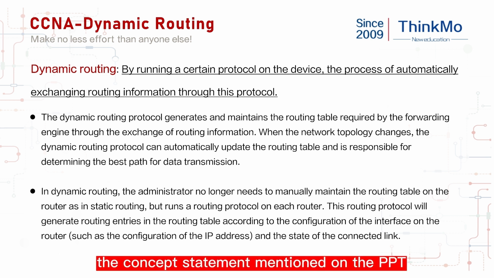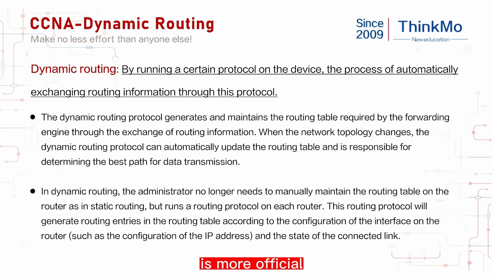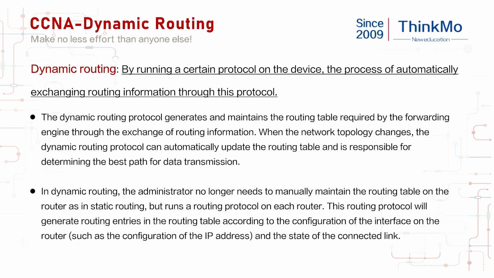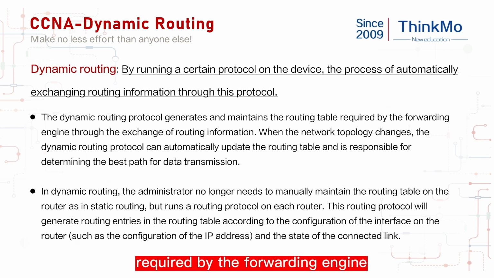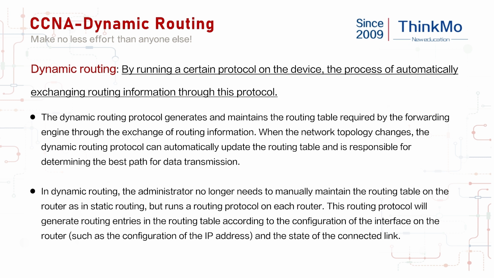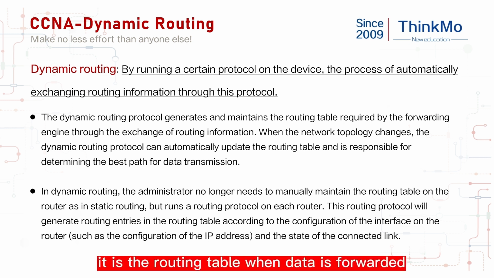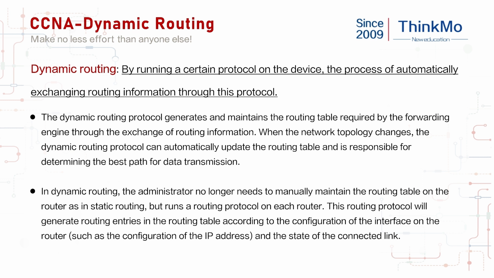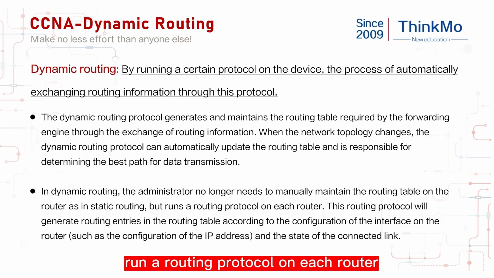The concept statement on the PPT is more official: routing information is exchanged to generate and maintain the routing table required by the forwarding engine. It is the routing table used when data is forwarded. Admins don't need to maintain it manually like static routes. Run a routing protocol on each router.